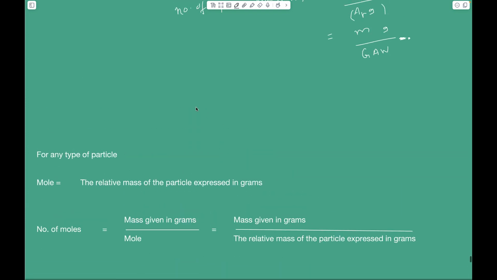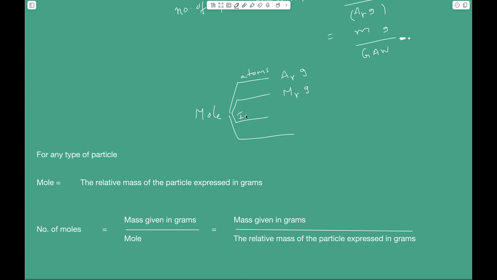Now what is 1 mole or what is mole? It depends on the type of particles that we are talking about. If you are talking about atoms, then it is its relative atomic mass in grams. If you are talking about molecules, then it is relative molecular mass in grams.